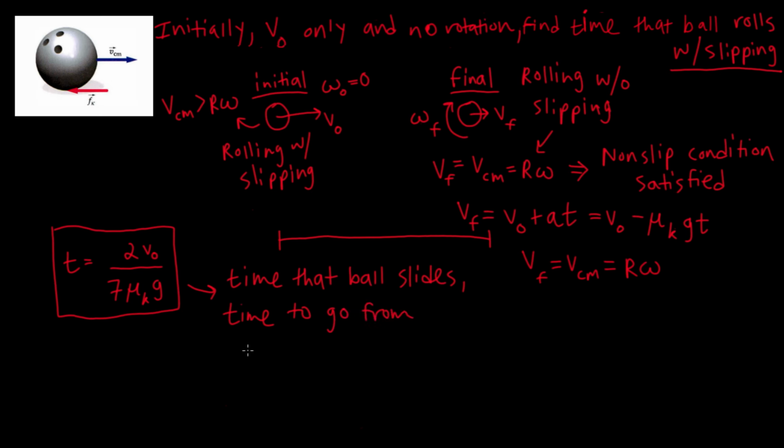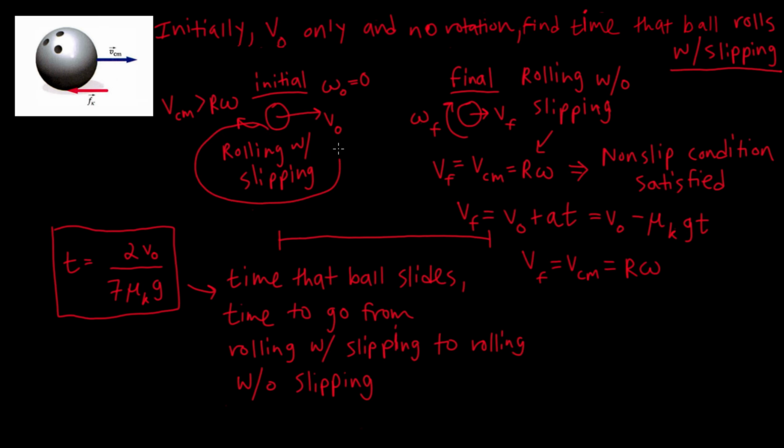So the time t represents the time to go from rolling with slipping to rolling without slipping. That's what the variable t represents: the amount of time it took to go from its initial state of rolling with slipping to rolling without slipping.